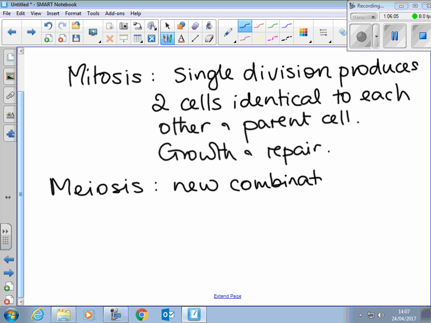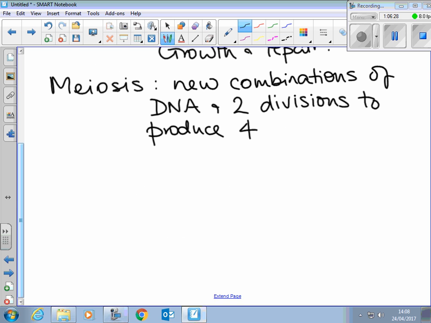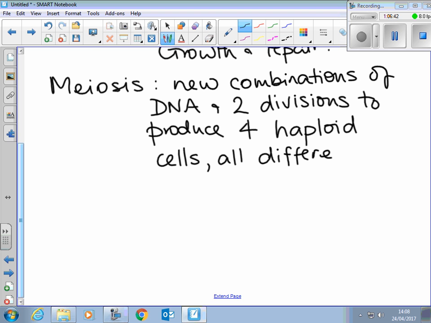I will be explaining how, but we get a process called crossing over in this, and we get two divisions to produce theoretically 4 haploid cells. All different. Haploid means they have a single set of chromosomes.